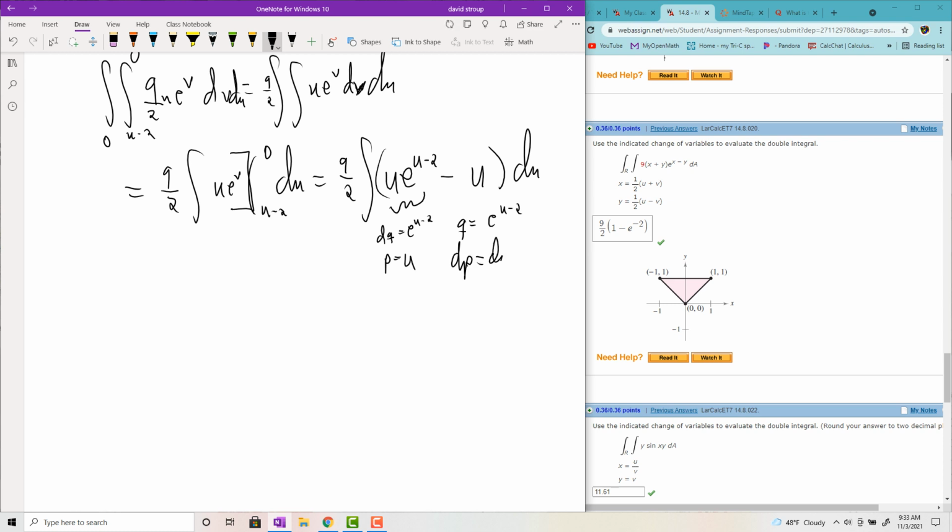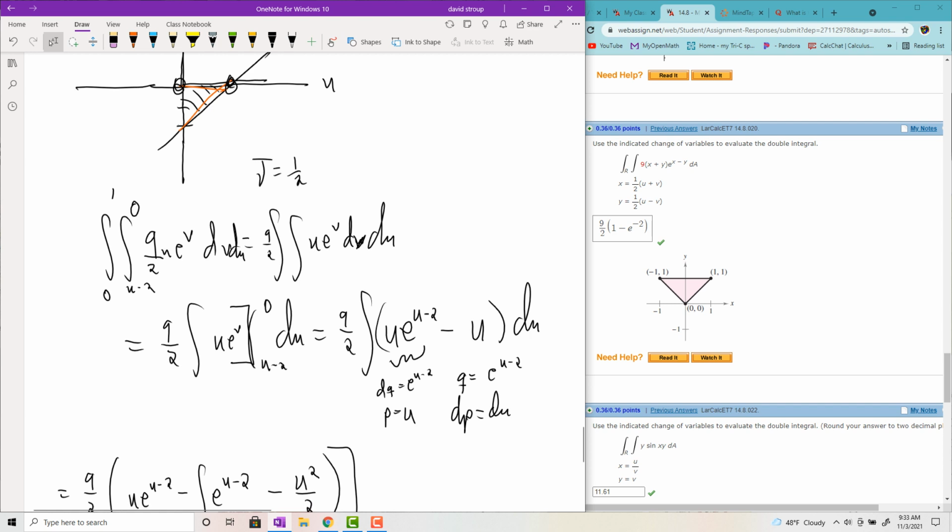I'll just write du. And then we'll have 9/2 times u e to the u minus 2, minus the integral of e to the u minus 2, minus this other guy, u squared over 2, evaluated from 0 to, whatever, 1.